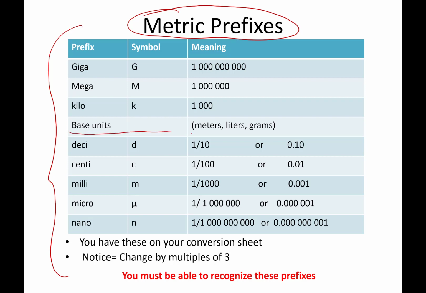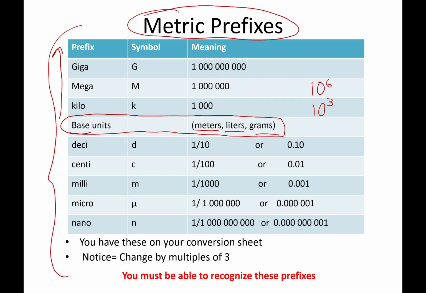You start with a base unit. There are many base units, but these are the important ones: meters, liters, and grams, at least for our class. If you want to make a unit larger, you add one of these prefixes. Kilo, lowercase k, means multiply by 1,000 or 10 to the third. Mega, uppercase M, means 1 million or 10 to the sixth.